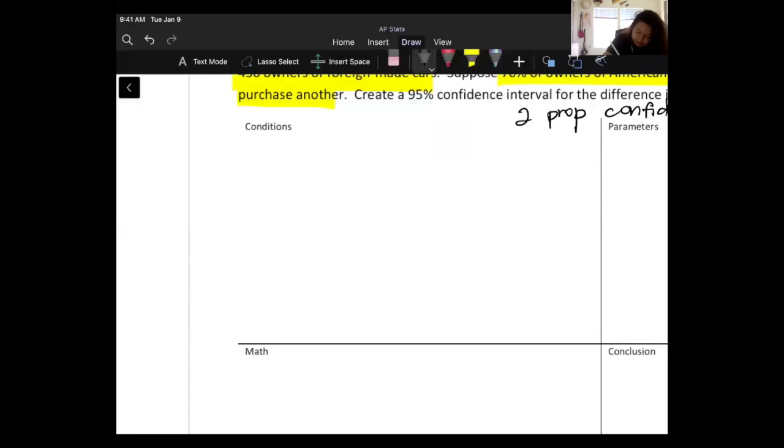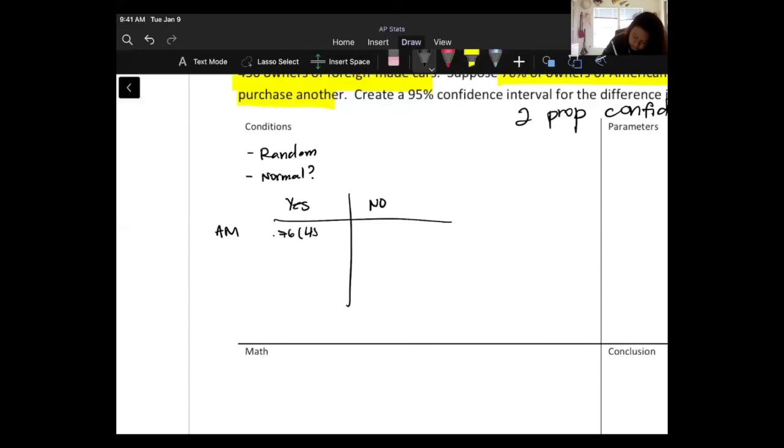And we're going to start with our conditions. So this was a random sample. Is this normal? Well, for American car owners, 0.76 times 450 said yes. So 350 people said yes.